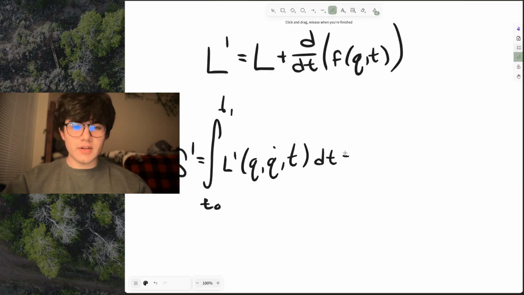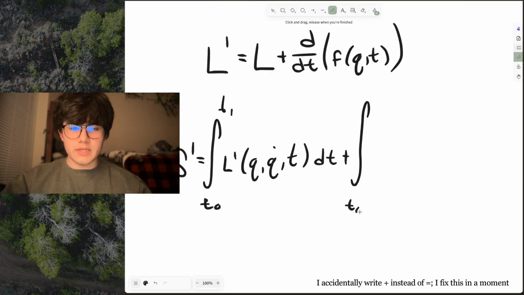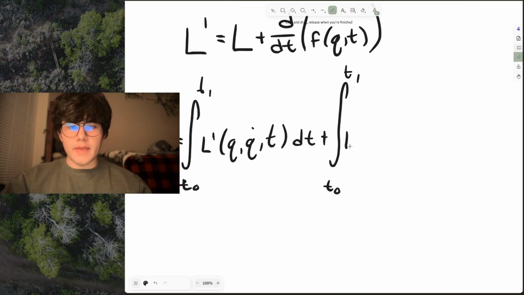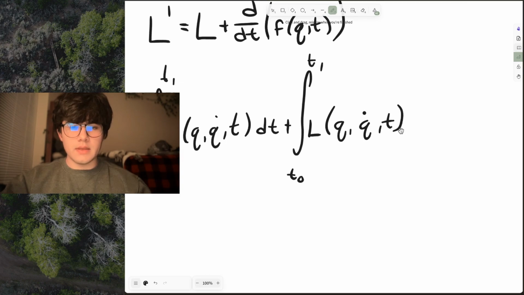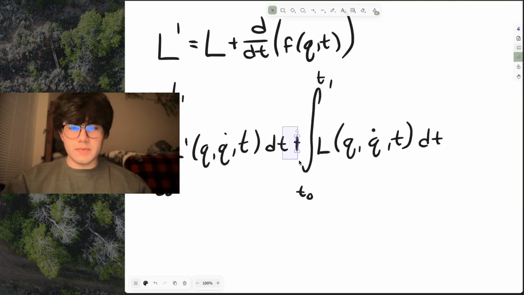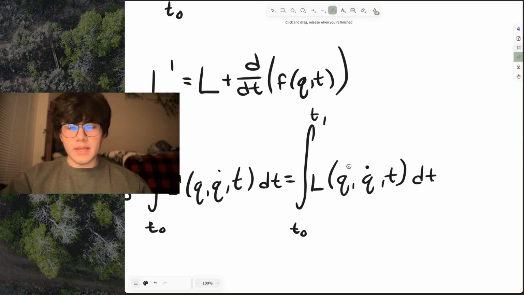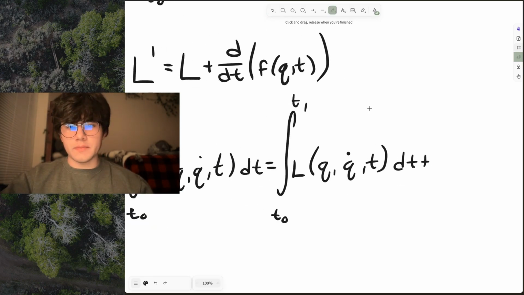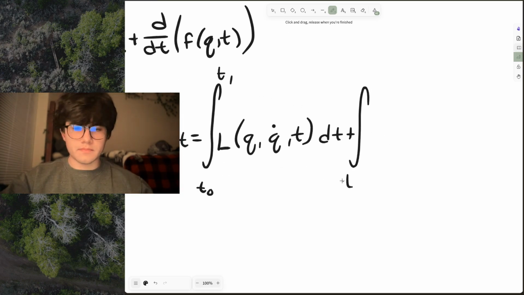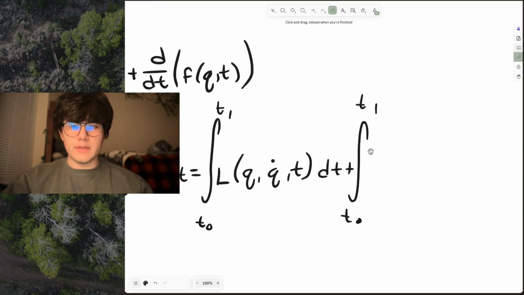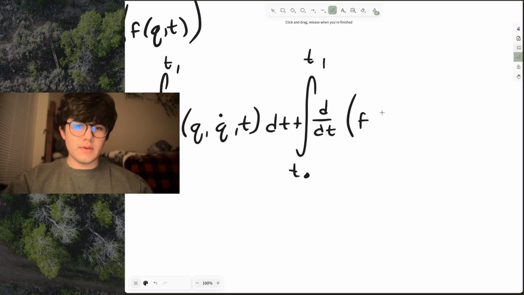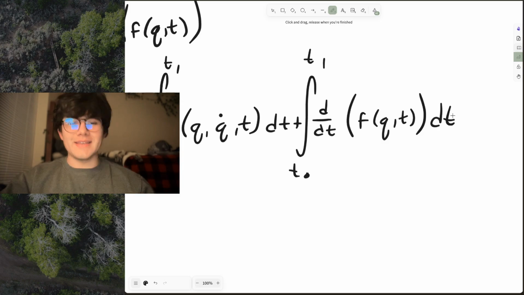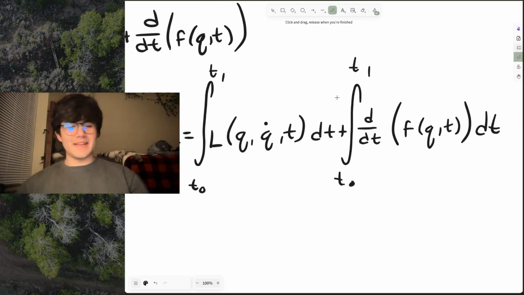We can express this alternatively as the integral from t0 to t1 of L, the normal L, of q, velocity and time, with respect to time, plus the integral from t0 to t1 of d over dt of g of q, t, dt. Okay, great. Already getting long-winded.